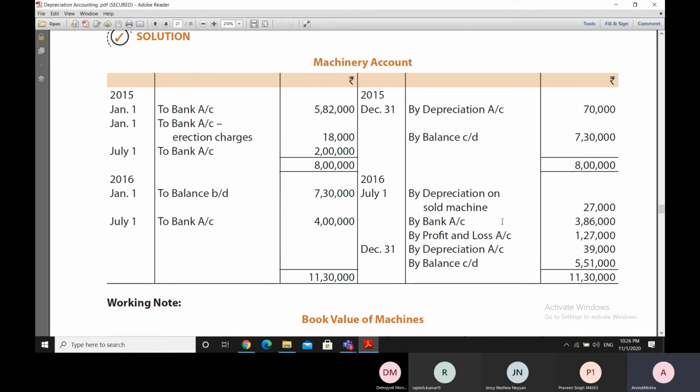So we are crediting the machinery account with this 3,86,000 rupees and debiting the bank account, because the amount that we have got here is 3,86,000 rupees on the sale of this machine.